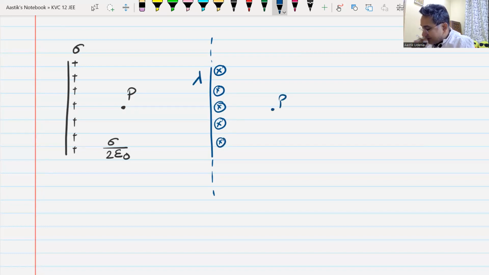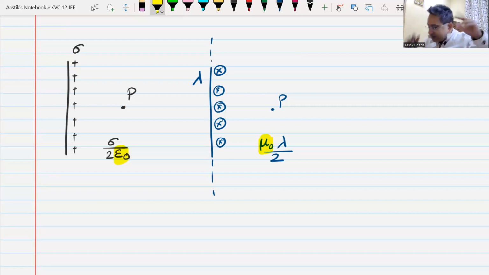At this point P, it creates a uniform magnetic field, mu naught lambda by 2. This in the denominator, this in the numerator. 2 and 2, they are the same. Sigma has been replaced by lambda.